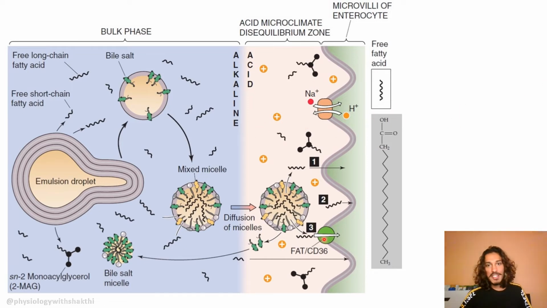This acidification helps bring these fatty acids outside, because right now they are lipid soluble. Once they get protonated like that, that helps them shift out from this phase inside, because their lipid solubility is what is making them stay there. Then once they're here, through various transporters they are taken in.